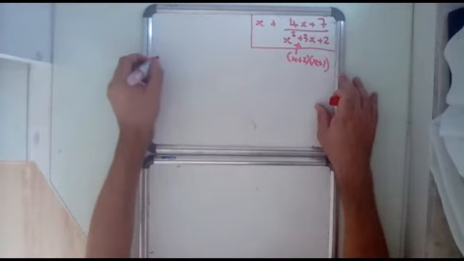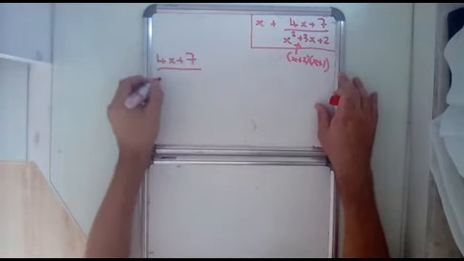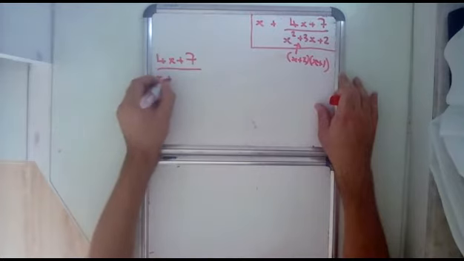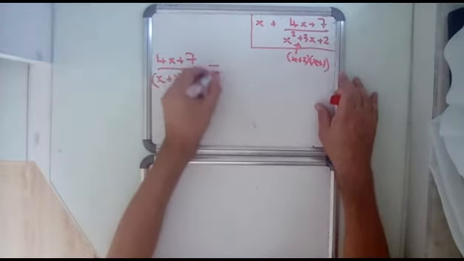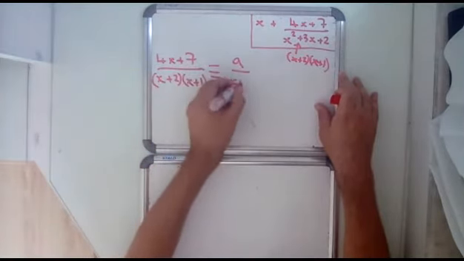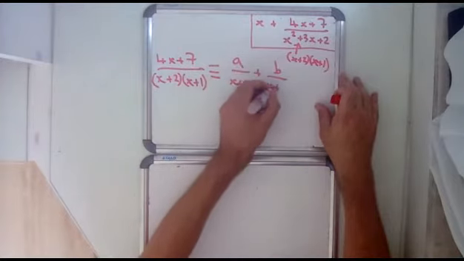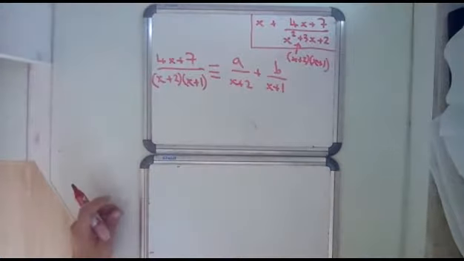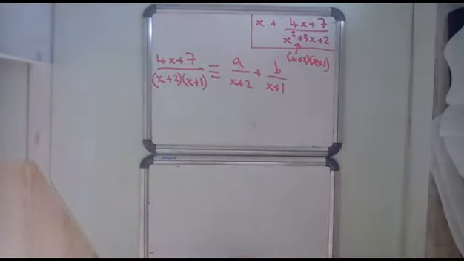So we can say (4x + 7) over (x + 2)(x + 1) is identical to some A over (x + 2) plus some B over (x + 1). So now I'm going to add these two fractions on the right hand side.